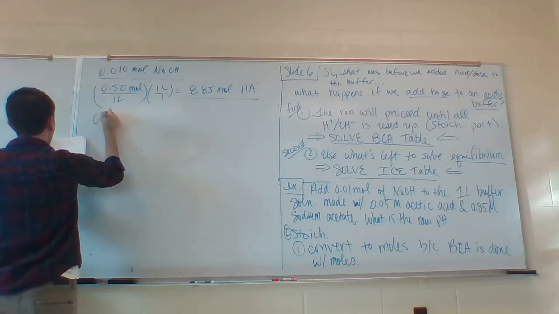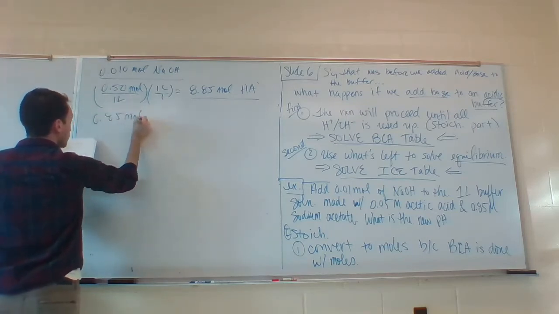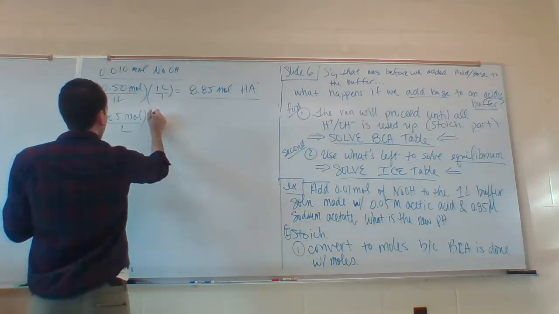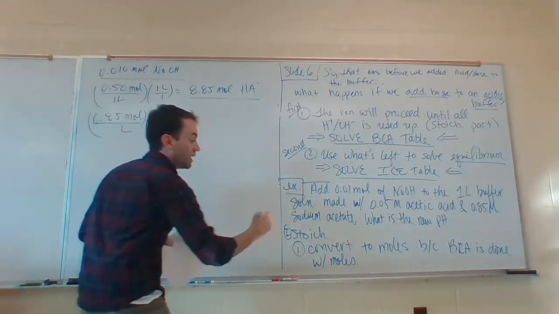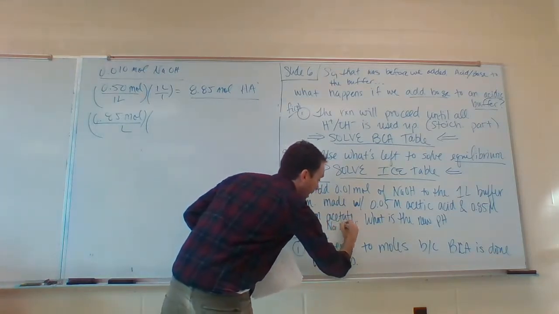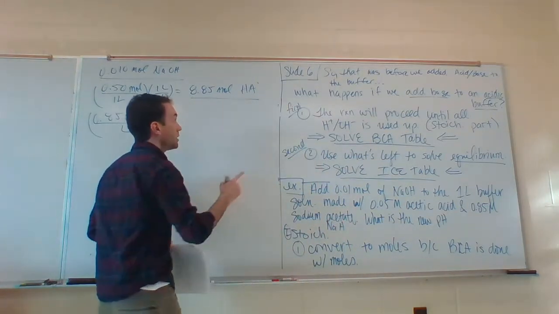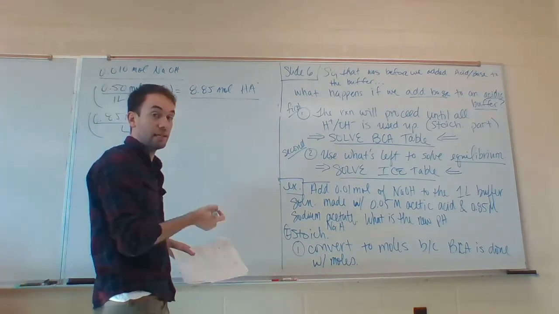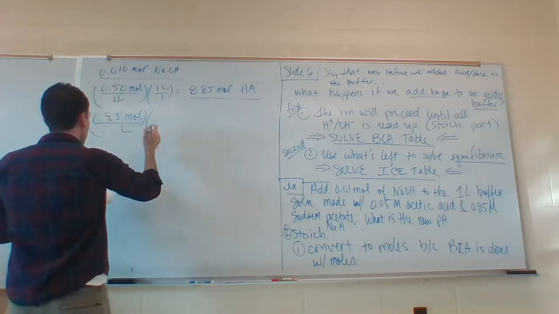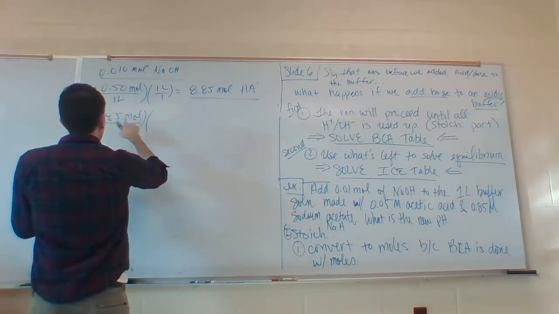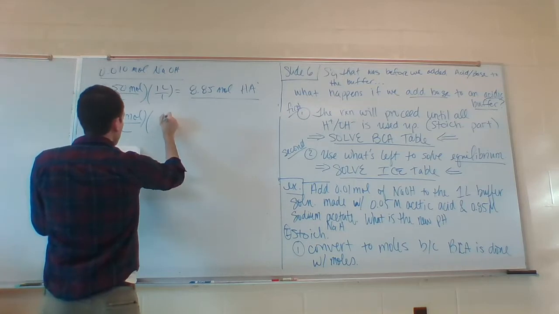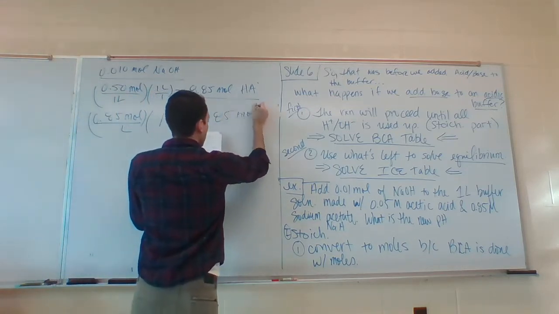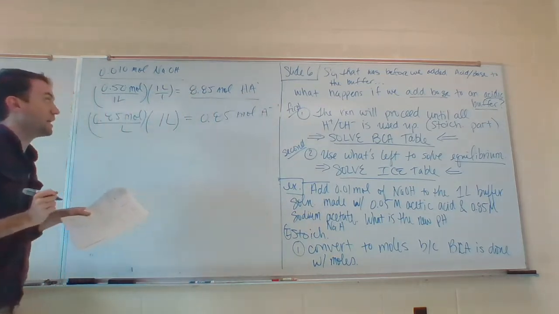We also have 0.85 moles per liter of the sodium acetate. The sodium acetate is basically Na and our acetate ion, which is the conjugate base of acetic acid, a weak acid. We multiply 0.85 moles per liter by the 1 liter and we get 0.85 moles of our acetate ion.